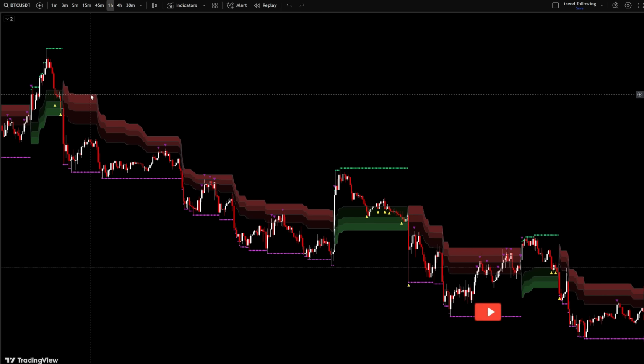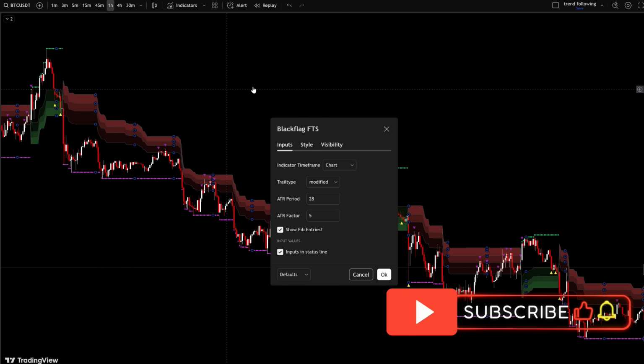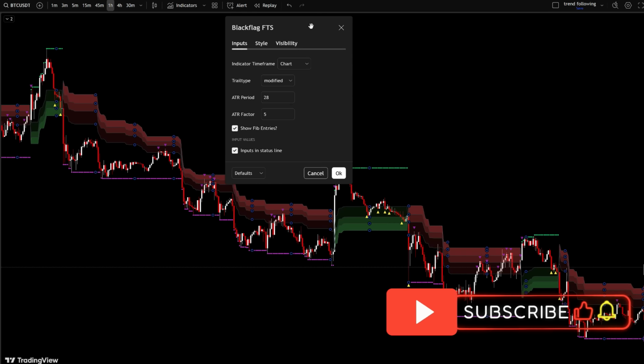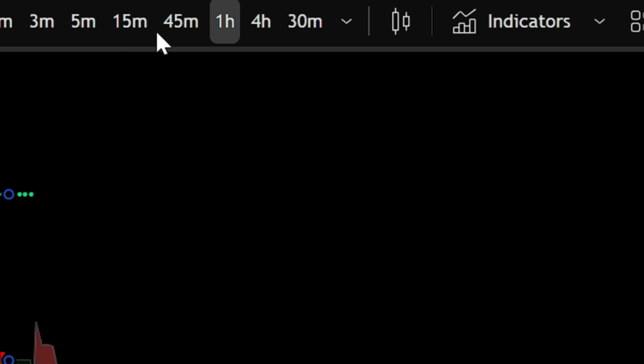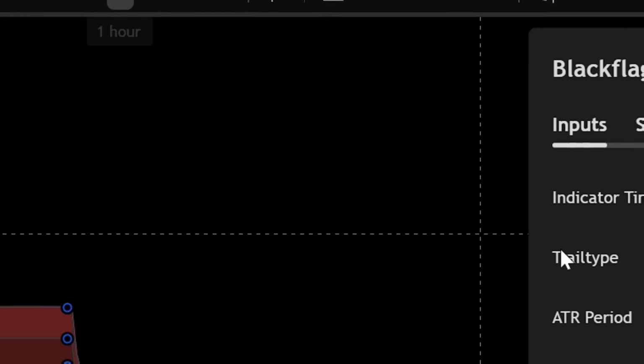Open the settings, go into the Inputs and set the indicator time frame one step higher than your chart. If you're trading on the 1-hour chart like this one, bump the indicator to 4 hours.